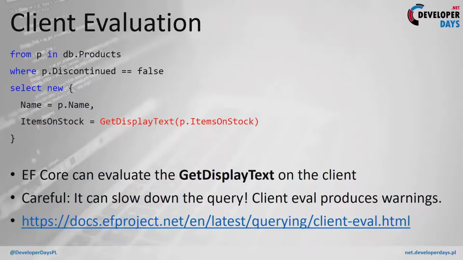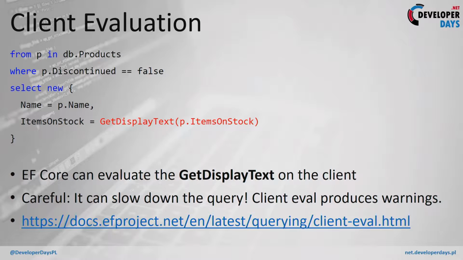I've been talking about the fact that EF Core can evaluate only a part of the query on the database and calculate the rest in memory, and this is a feature. So if you have this query, I'm querying the products table. I'm interested only in products which are not discontinued.